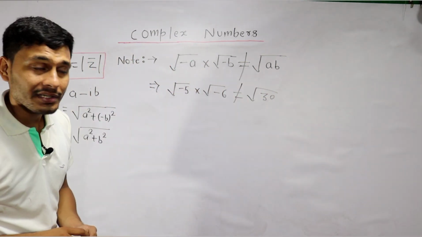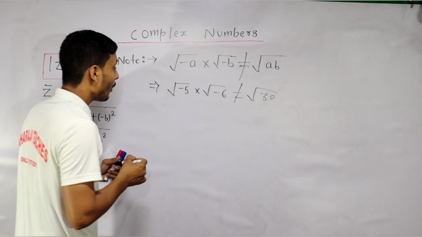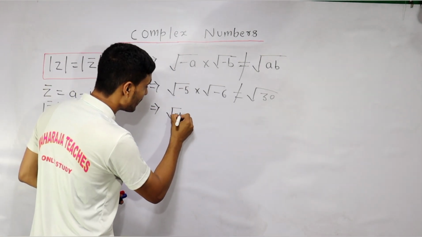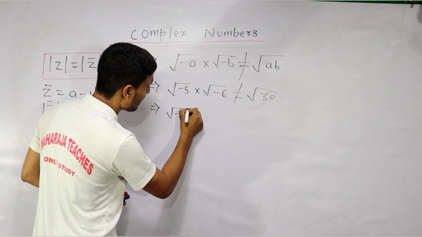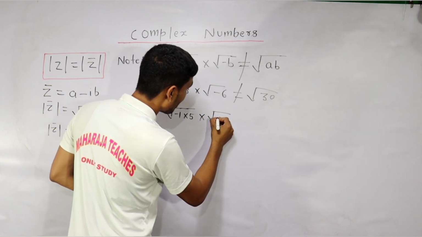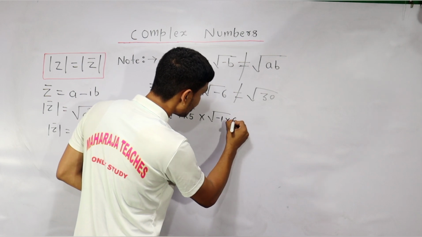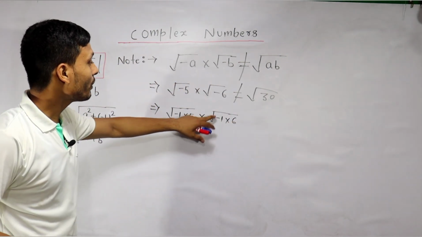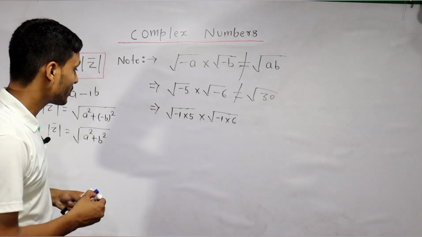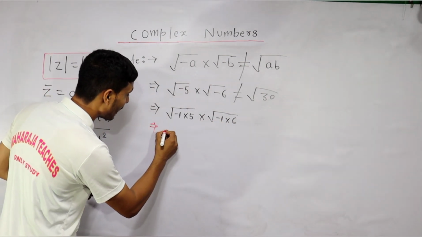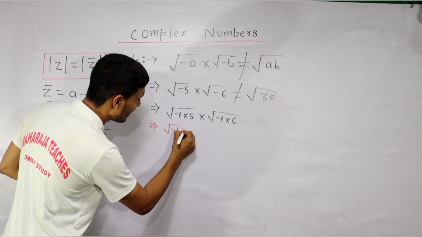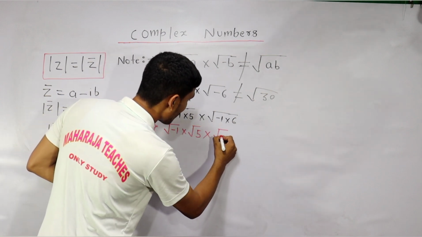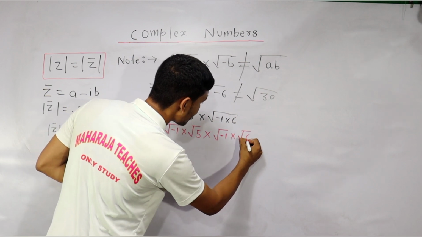How can I write it? The square root of minus 5 is the square root of minus 1 into 5, into the square root of minus 1 into 6. Is it right or wrong? Then this becomes the square root of minus 1 into the square root of 5, times the square root of minus 1 into the square root of 6.